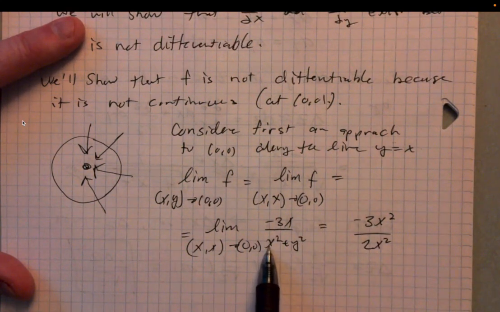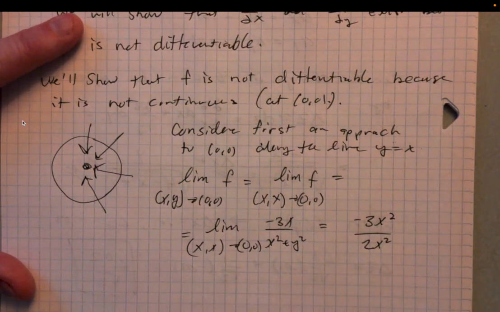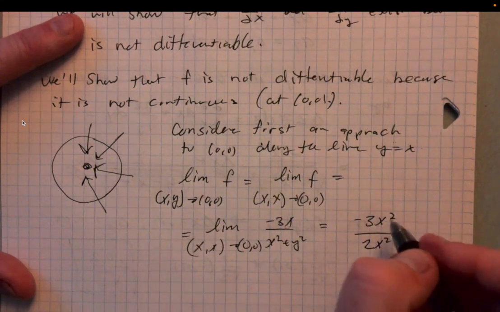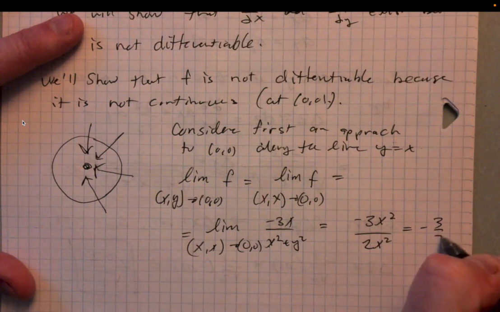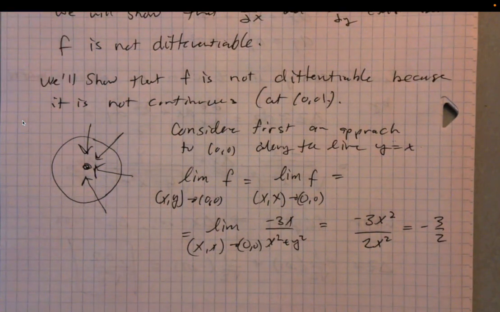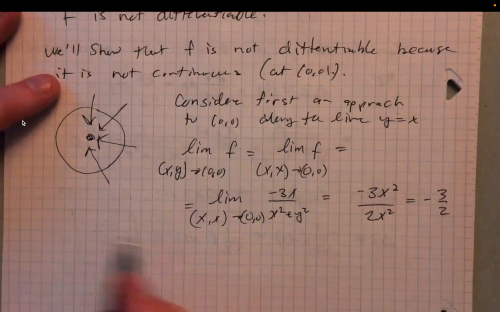Because this will be x squared and that'll be x squared. Add them together, you get 2x squared. And so this is going to go to negative 3/2, isn't it? Okay, and so that's the limit as you approach the point 0, 0 on this function along the line y equals x. But what happens if we approach from a different line?